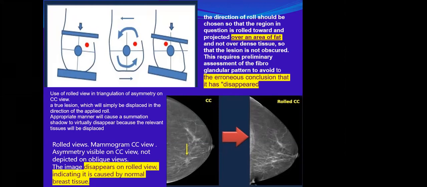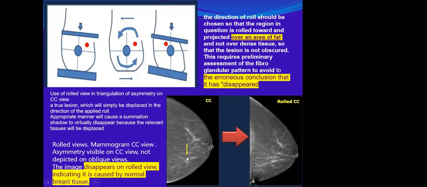And not only that, as we mentioned, this roll is helpful to differentiate a real lesion from superimposition of tissue. It not only demonstrates the location of the lesion, but also demonstrates whether it is a superimposition of tissue or a real lesion.